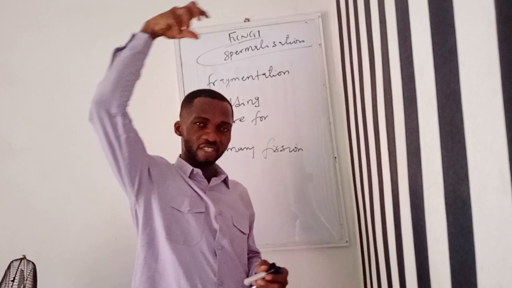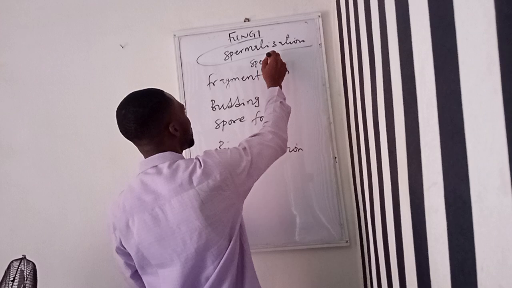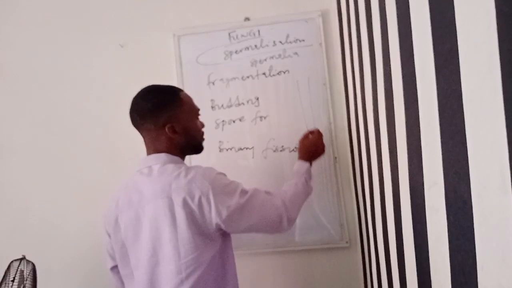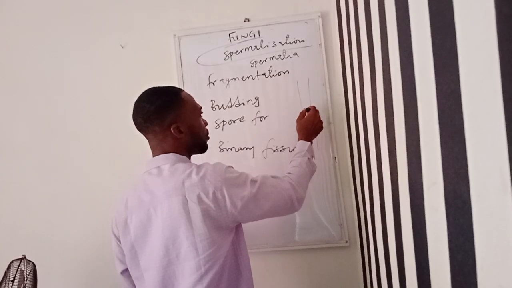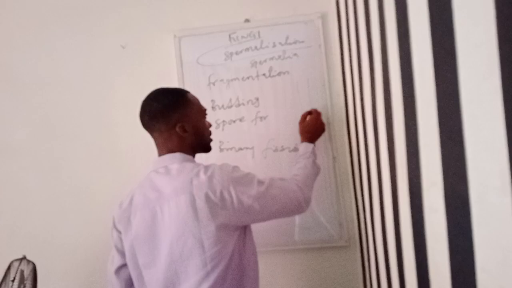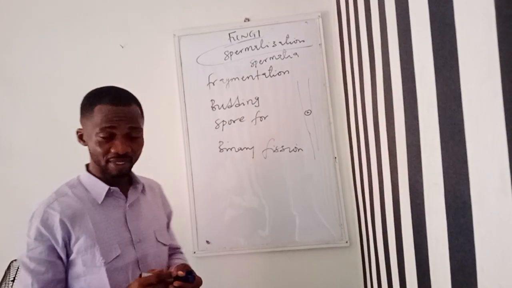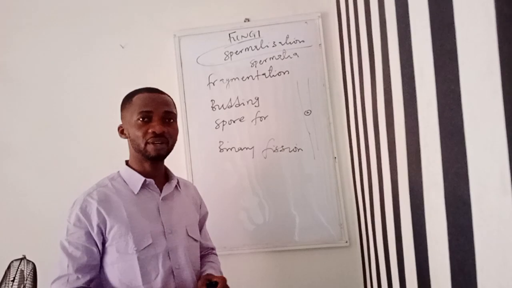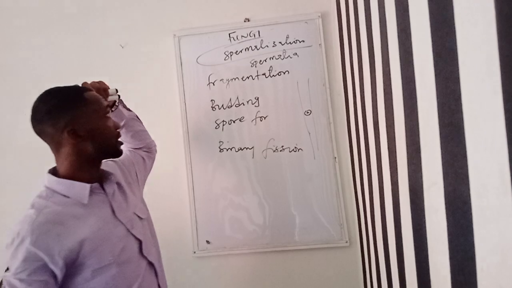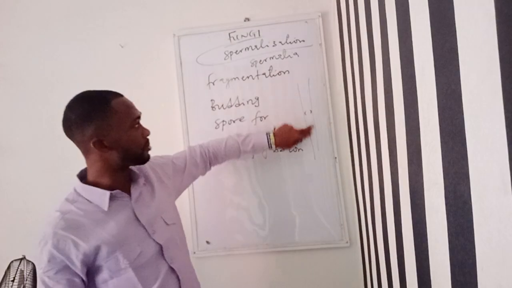Once the spermatia lands on that female hyphae, a pore is created, and from that creation of the pore, fertilization occurs. This is rare, but it's also a kind of sexual reproduction that occurs in fungi. It's called spermatization.